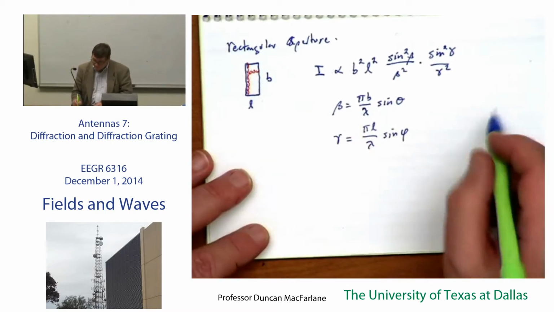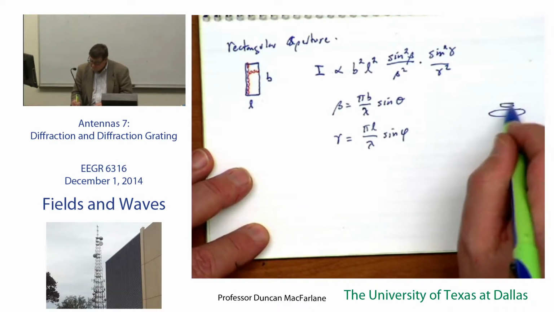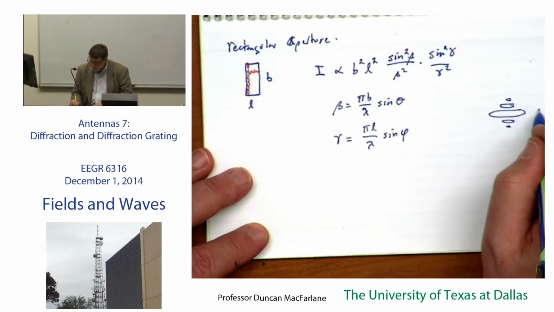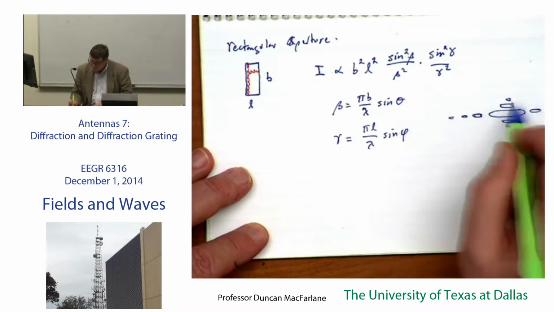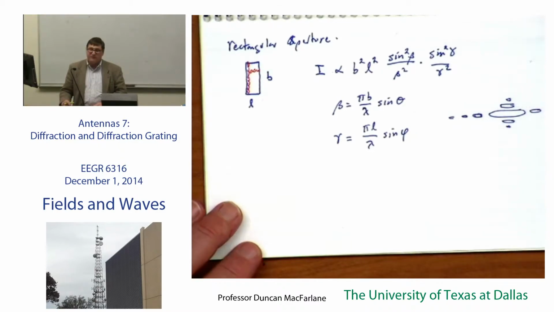So this slit here will give rise to a series of patterns that looks like this. So there'll be a sinc function in this direction and a sinc function in this direction.